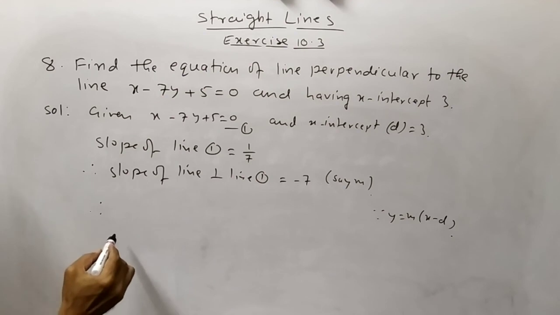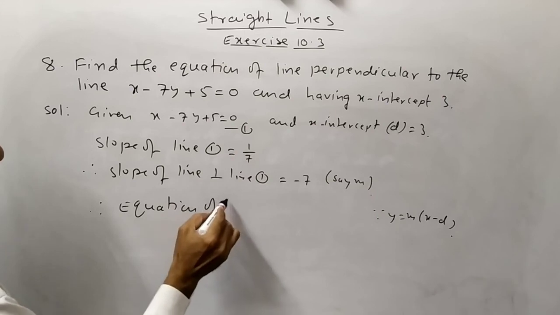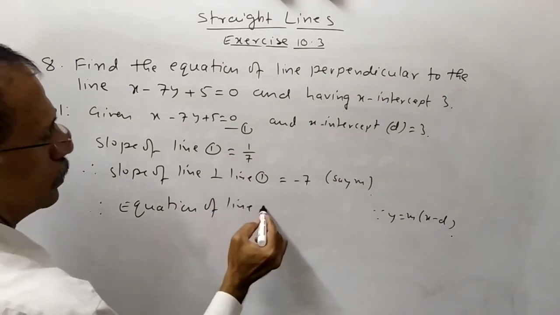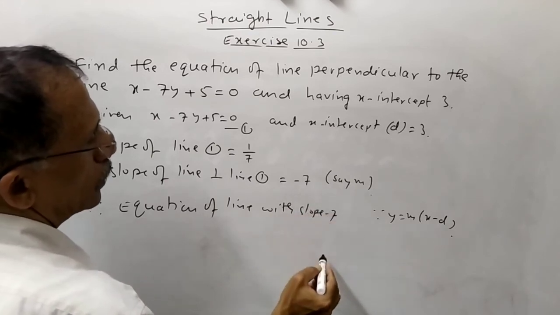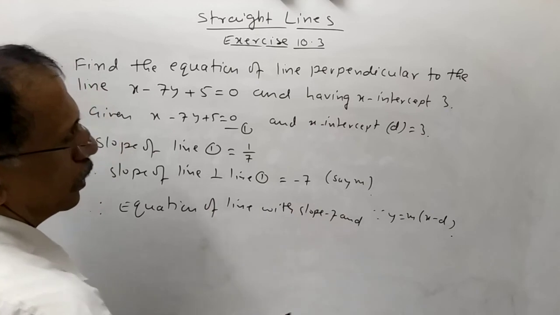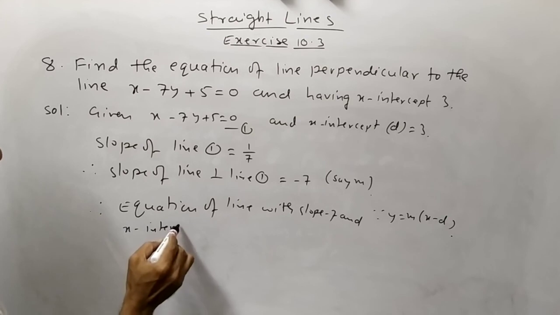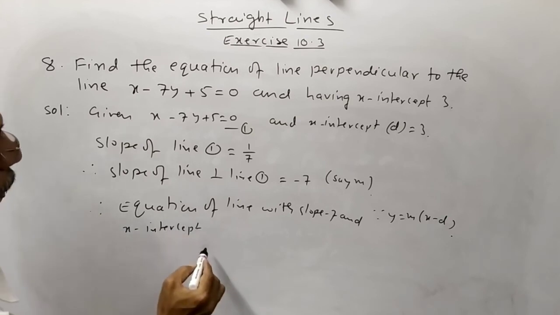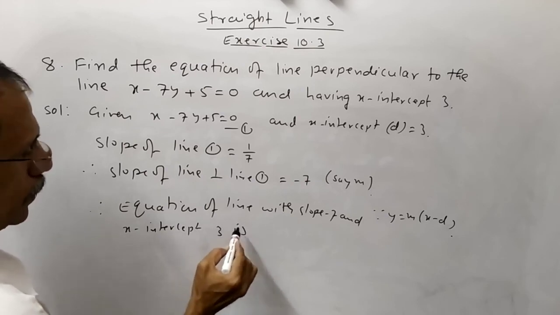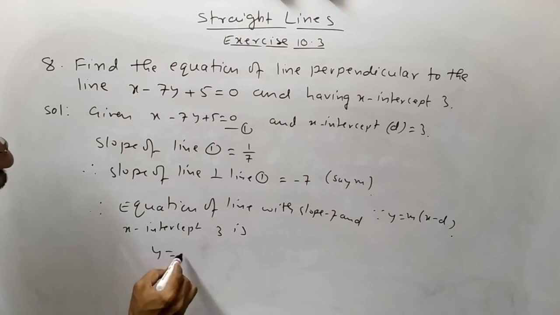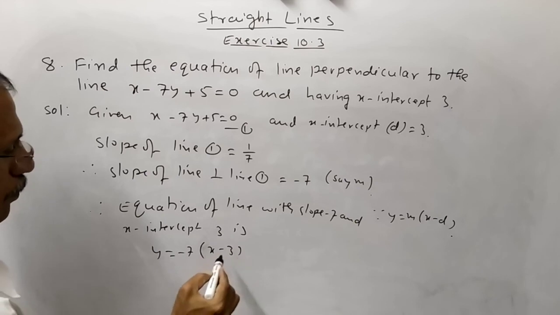Therefore, equation of line with slope minus 7 and x-intercept three is y is equal to minus 7 into x minus 3.